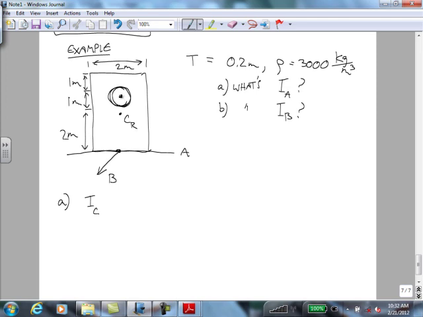The moment of inertia about the center of the rectangle. So what's that formula going to be? Look back at those four formulas.